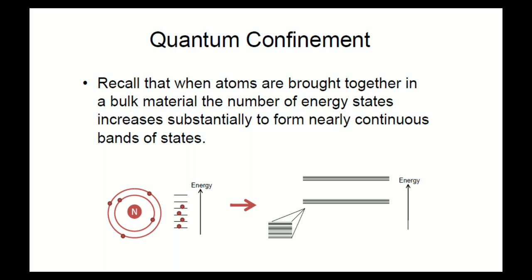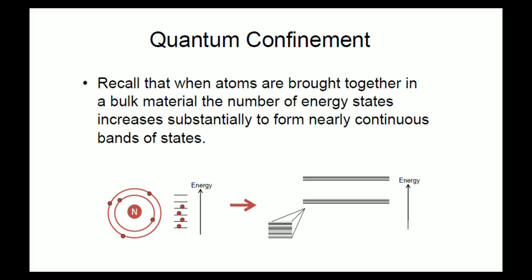If you remember, the number of atoms present in a bulk material is in the range of 10 raised to 20 to 10 raised to 22, 25, depending upon its size.